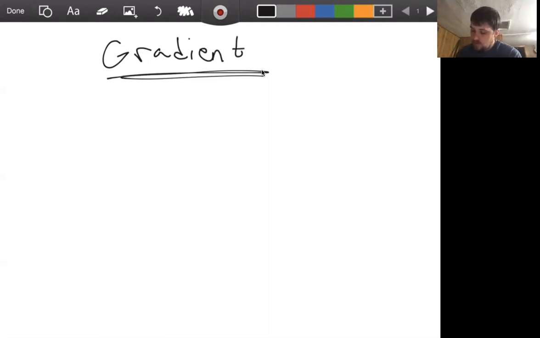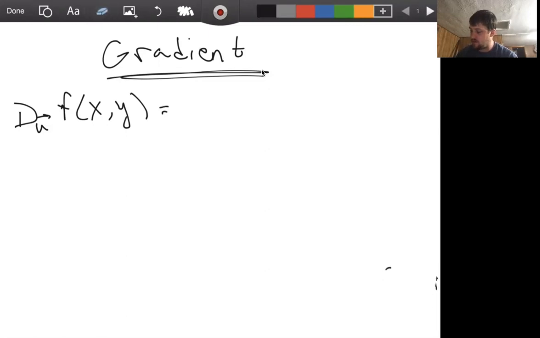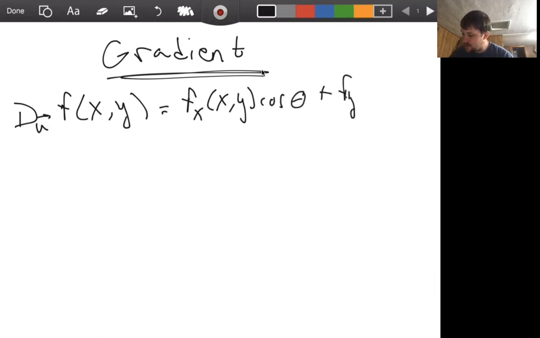So let's recall the definition of the directional derivative. We're looking at the directional derivative in the direction u of the function f of x, y. And we learned that this was f sub x of x, y cosine theta plus f sub y of x, y sine theta.